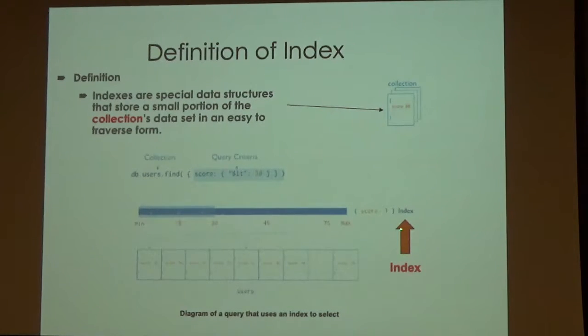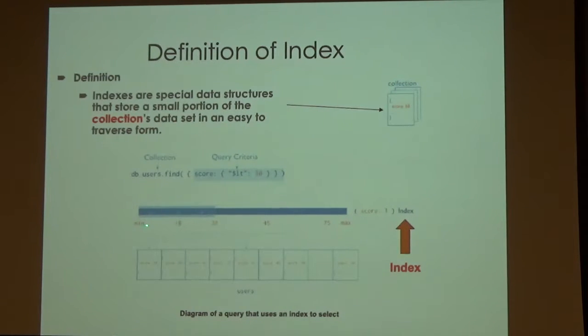If you create an index for the score, MongoDB first collects all the objects that include a score attribute. Then for those documents, it keeps an ascending or descending order.